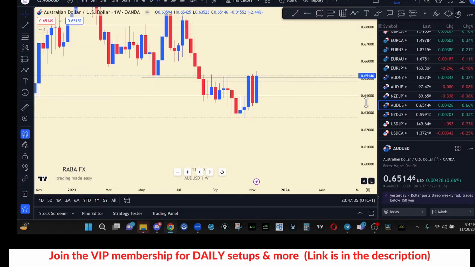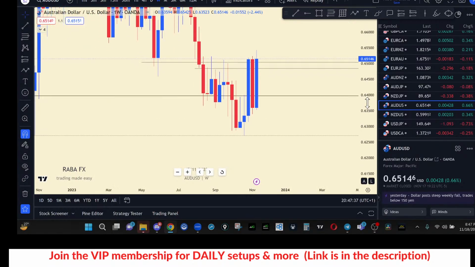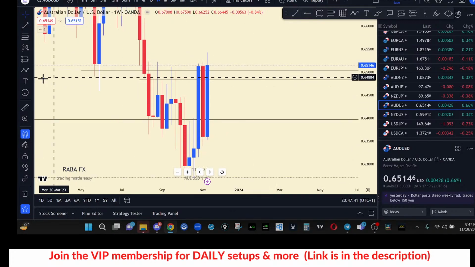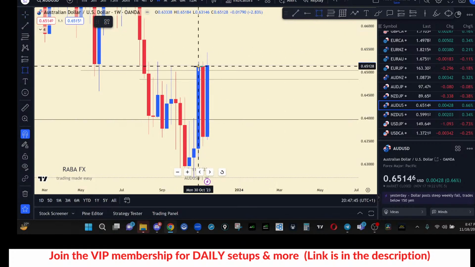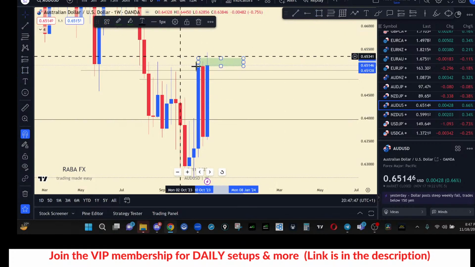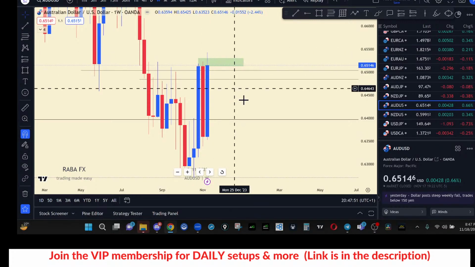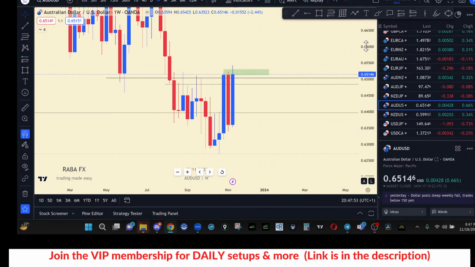So now on the weekly, you can see this week we traded slightly above this zone, this reversal opening price that was created. These are simply areas where I personally will be looking for trades.